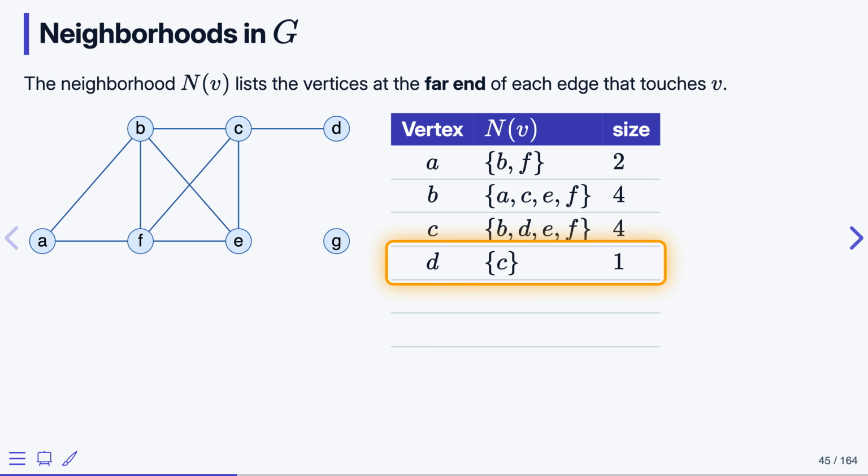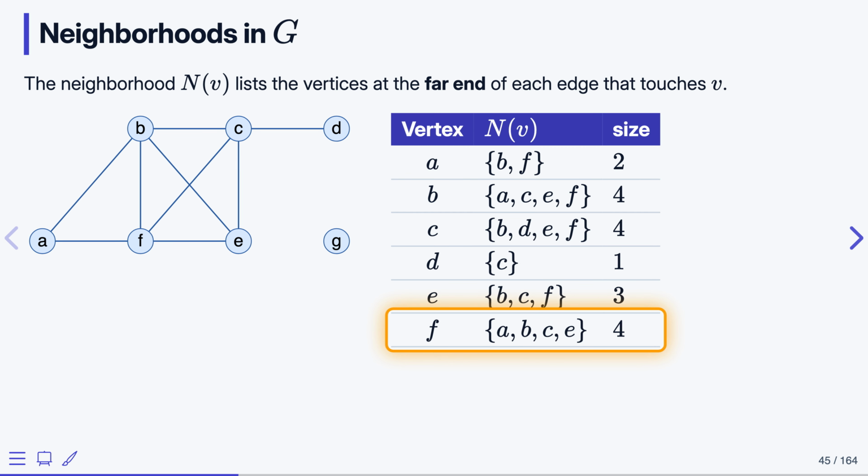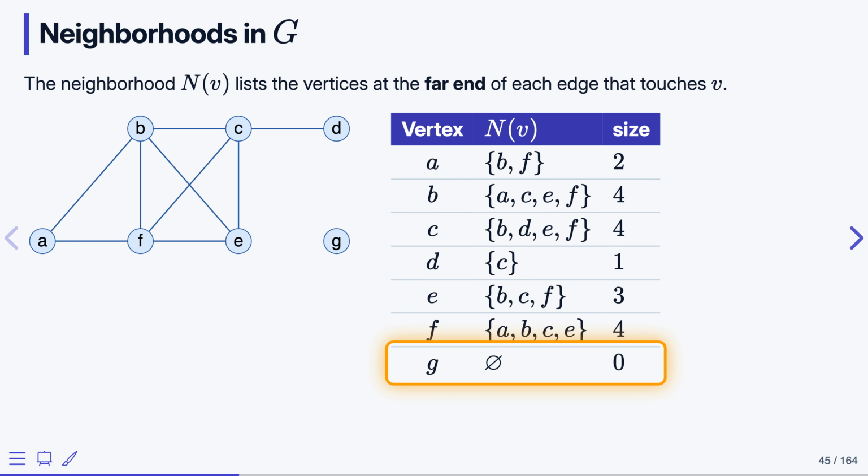The only neighbor of D is C. The neighbors of E are B, C, and F, 3. The neighbors of F are A, B, C, and E, 4. And G has no neighbor at all, so its neighborhood is the empty set. Look at the last column. In this graph, the size of the neighborhood matches the degree every time. That happens because there are no loops and no multiple edges here. On the next graph, it will not.